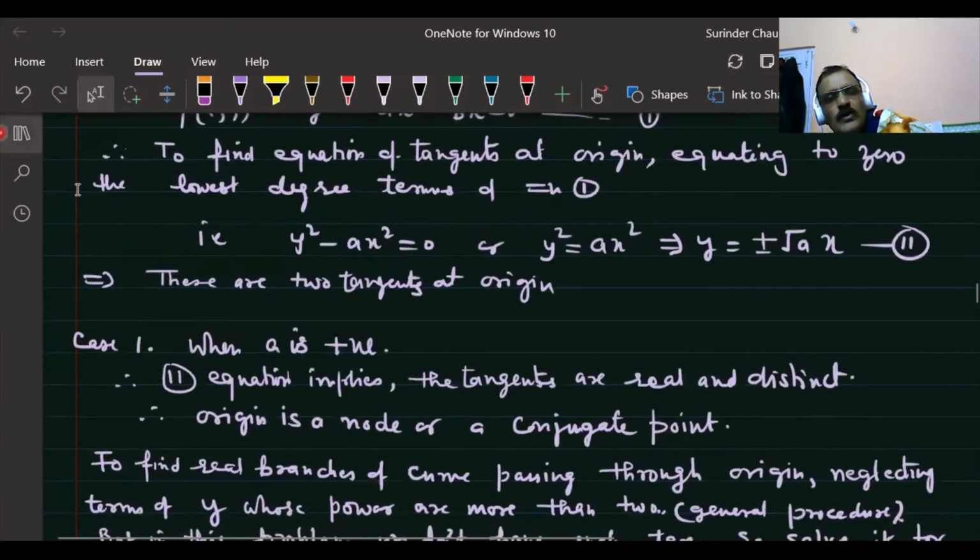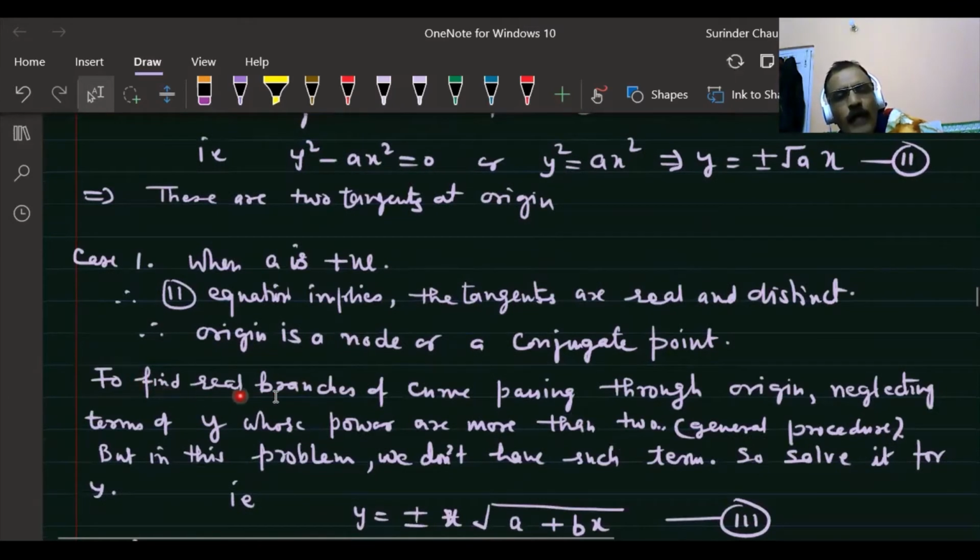Now three possibilities arise. If a is positive, then the equation implies that the tangents are real and distinct. So the origin will be either a node or a conjugate point.